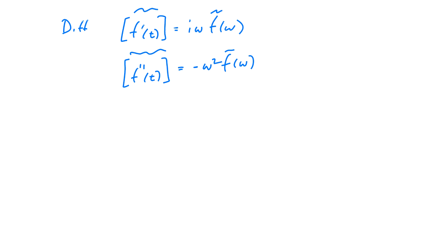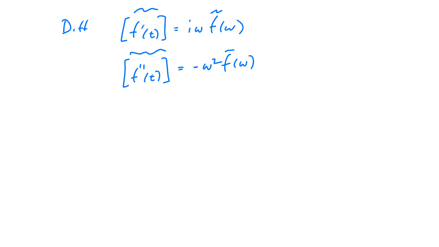What you do with the spectral methods is that in order to find this derivative, we would just simply take the Fourier transform of the function to find the Fourier transform f of omega, and then we just multiply it by i omega, and then we just do an inverse transform.